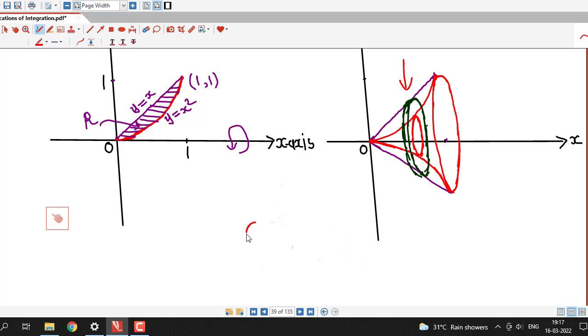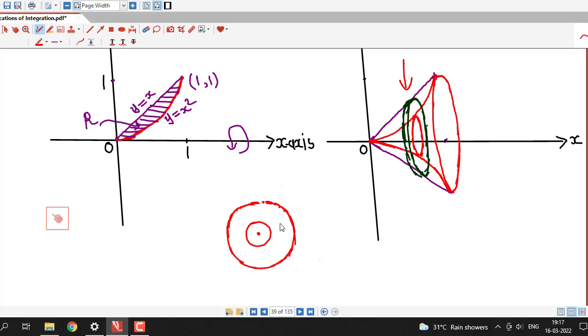If we visualize in 3 dimensions, then we will have this type of washer. The cross section of this type of solid will look like this. This is the inner circle, denoted by a red line, and this is the outer circle.